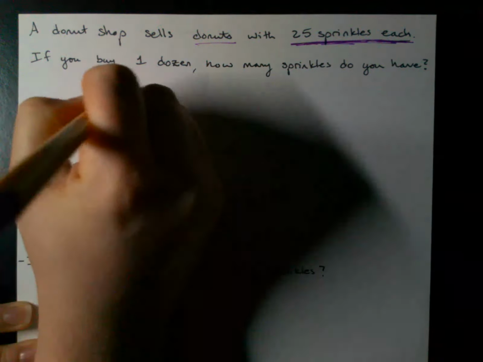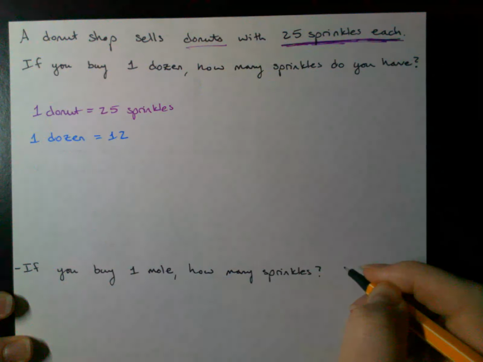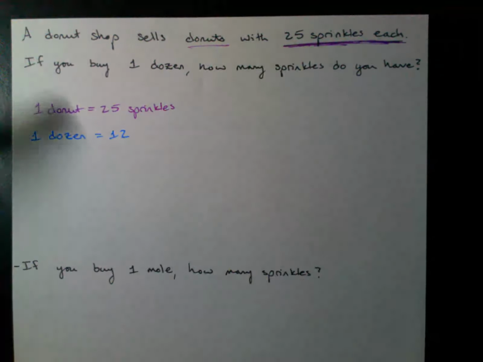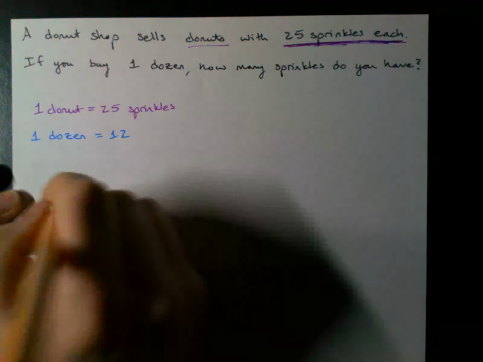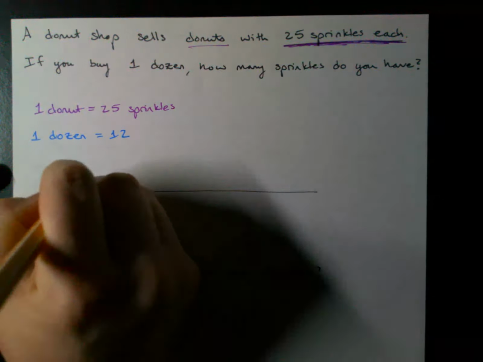So we're asking how many sprinkles are there in total if you buy a dozen donuts. Well, I know that a dozen of anything is 12. Okay. So this is implied, this is explicit. All right. Okay. So I'm told that I bought a dozen.